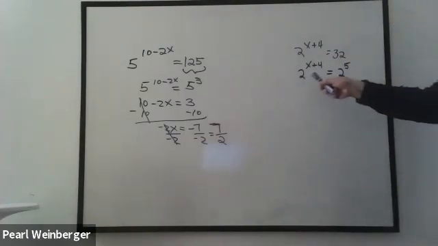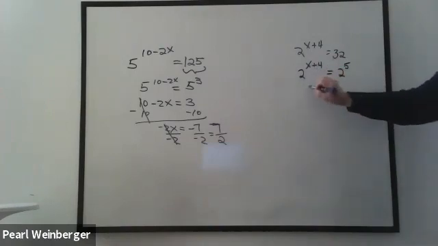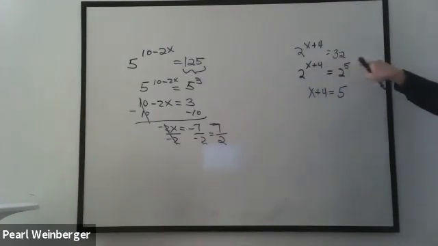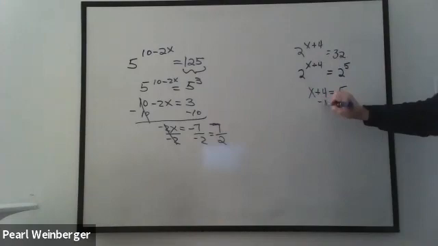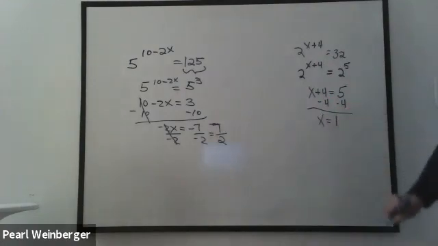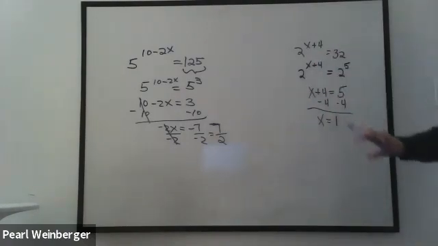Now, that means the x plus 4 must equal 5, because this is really 2 to the 5th. The exponents are the same now. And bringing the 4 to the other side just gives me x equal to positive 1, which is, I think, the answer that Evelyn had given.